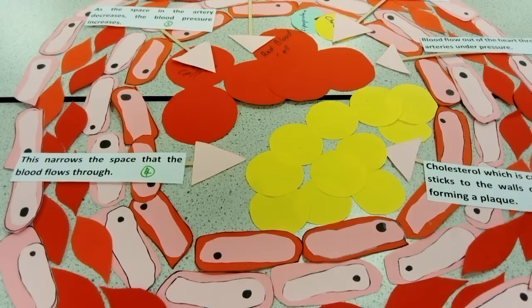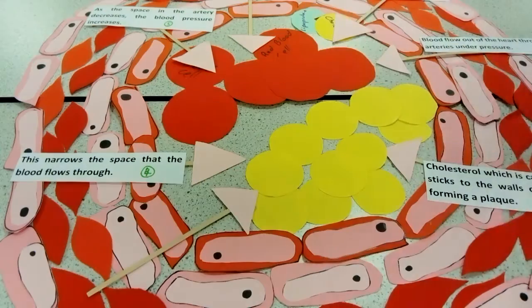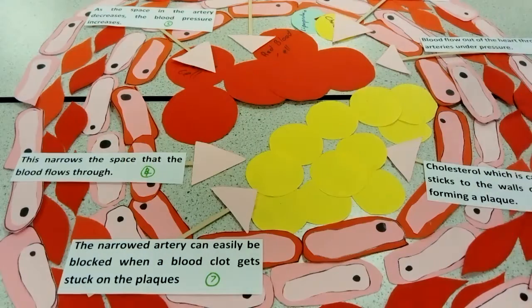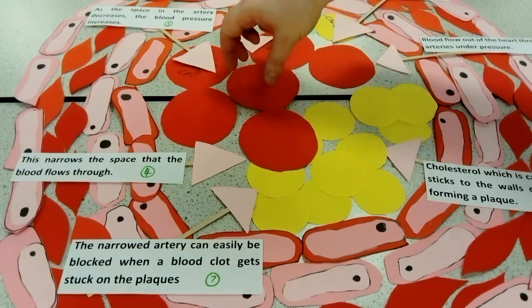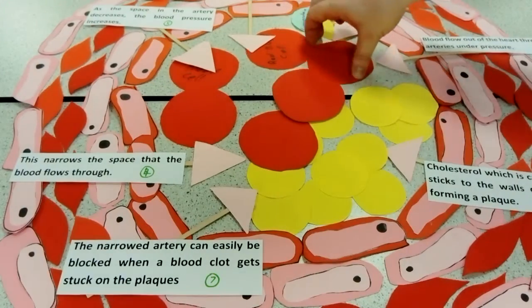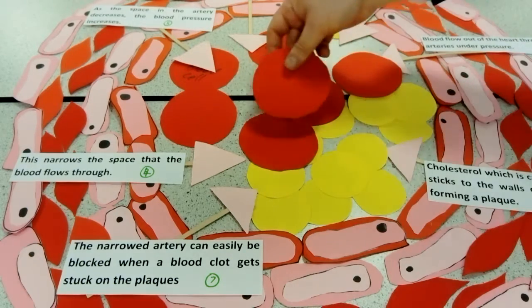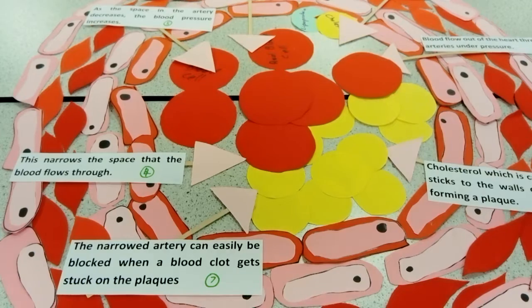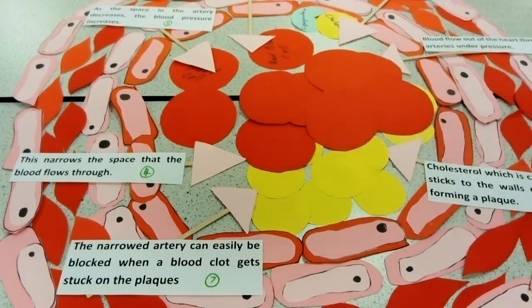Right, the other problem, or the bigger problem, is that as this plaque builds up, as it gets bigger, the blood cells start to stick to it. You're going to get more and more blood cells sticking to this plaque.